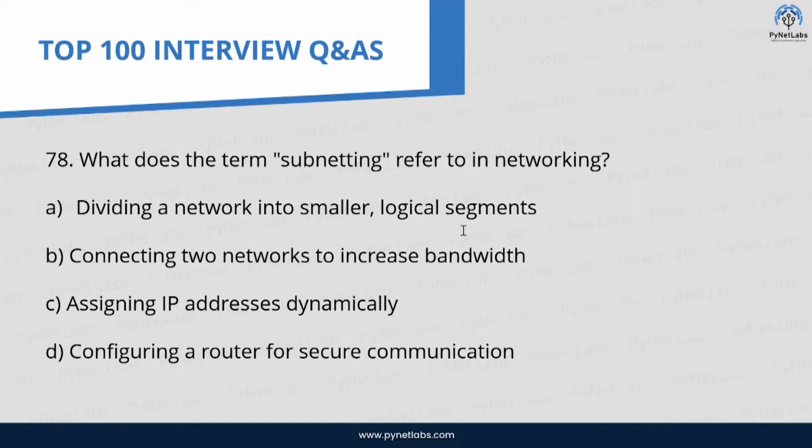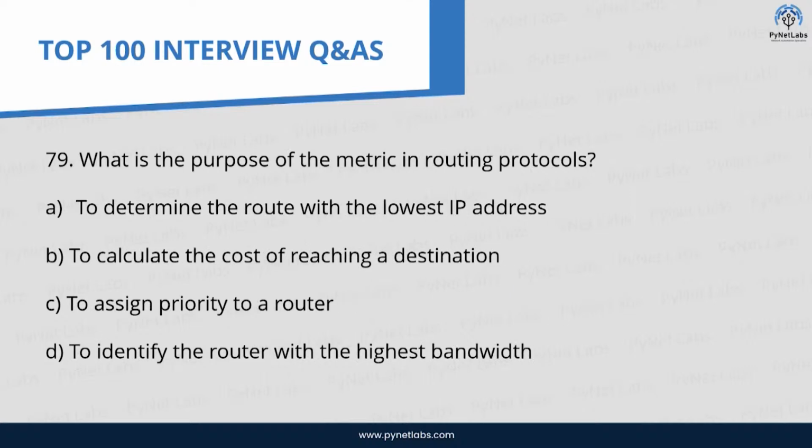Also it will effectively utilize the address space. Every subnet functions as its own logical network, and devices within the same subnet can communicate directly without the need for routing as well. So dividing a network into smaller logical segments is the correct answer for this question.